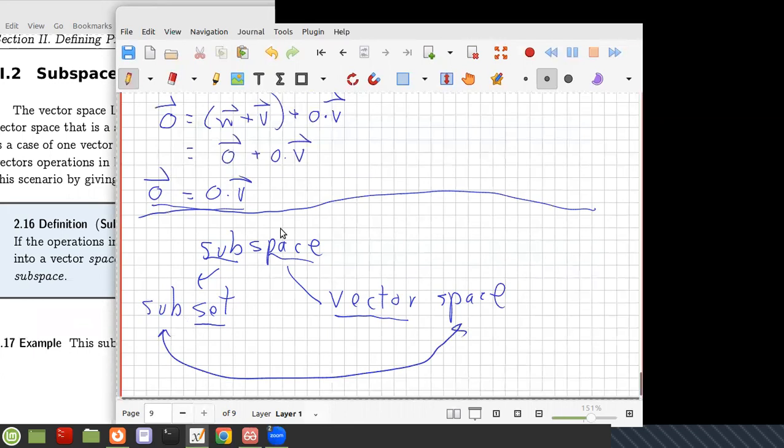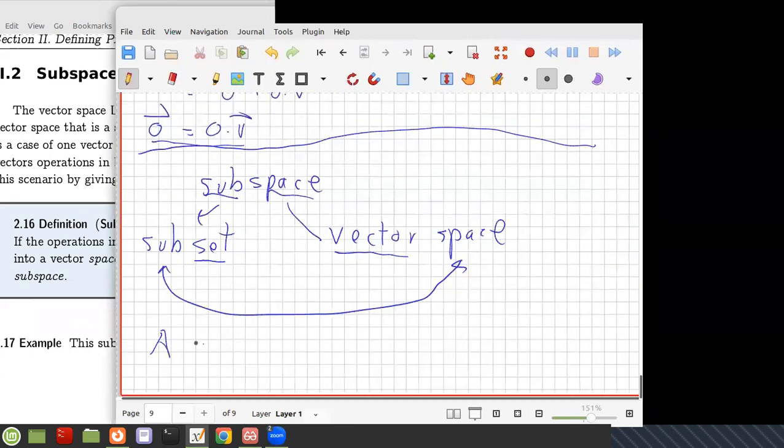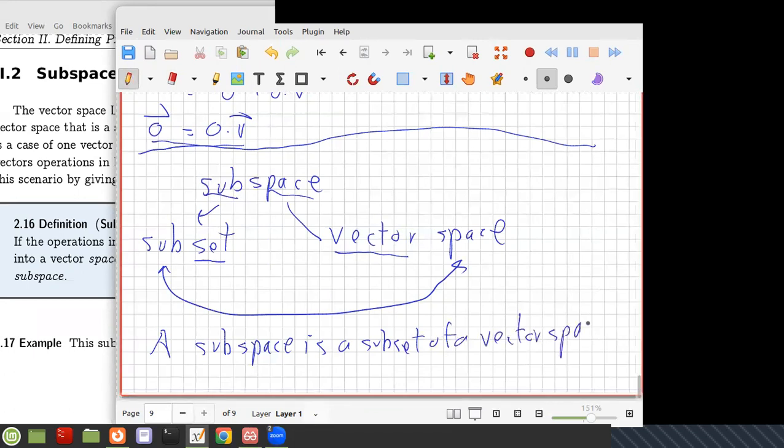So what is a subspace? A subspace is a subset of a vector space that is itself a vector space under the same operations.